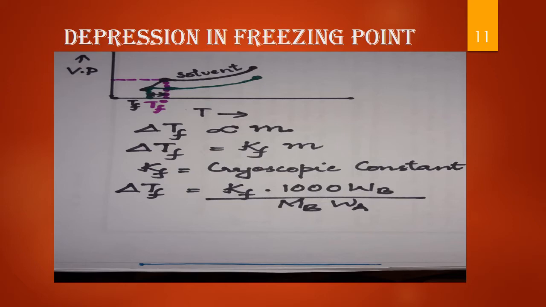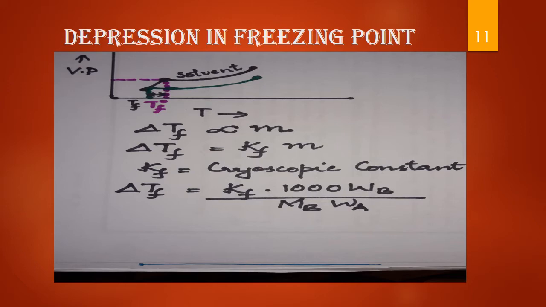Delta TF is equal to T0F minus TF, and that is proportional to the concentration of the solution, which results in the equation delta TF is equal to Kf into m, where Kf is known as the molar depression constant or cryoscopic constant. With the result, we get the equation delta TF is equal to Kf into 1000 Wb divided by Mb into Wa.